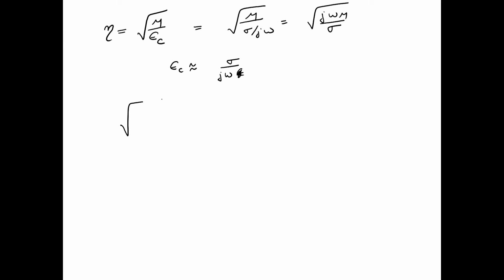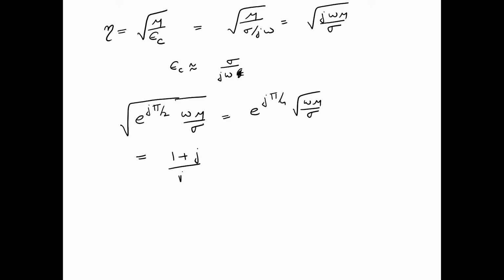Square root of j, I can write it as e to the j pi by 2, square root of that, so that becomes e to the j pi by 4, times square root of omega mu by sigma. Or it becomes 1 plus j, by square root of 2, times square root of omega mu by sigma, if you want to calculate the value. But let's consider this term over here.